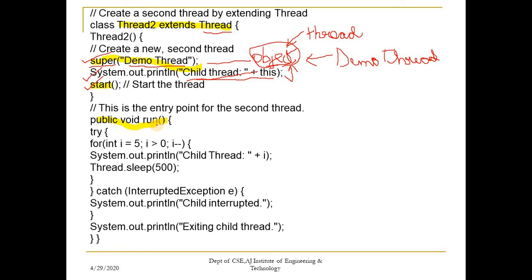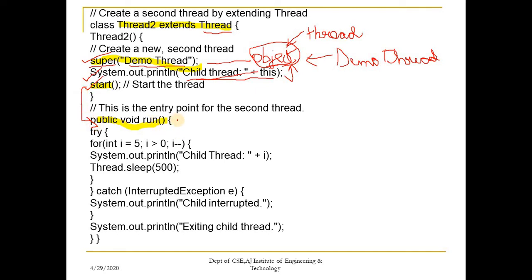No need to use any object. Directly we can access the methods of the superclass, that is the Thread class. So we call the start method, and the start method will start the execution of the child thread, and it will call the run method for the child thread to execute.